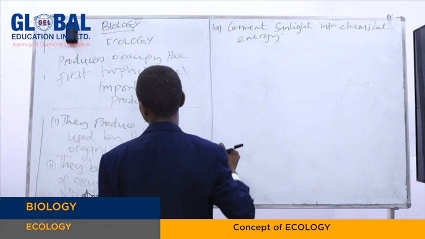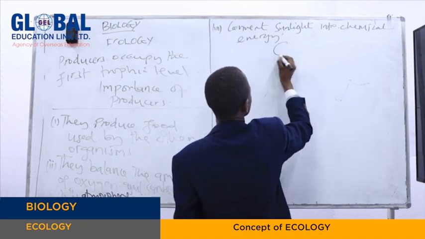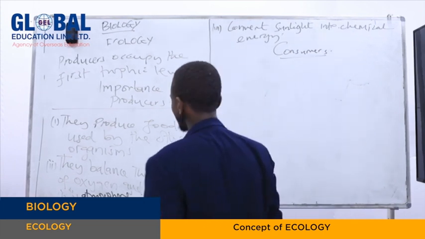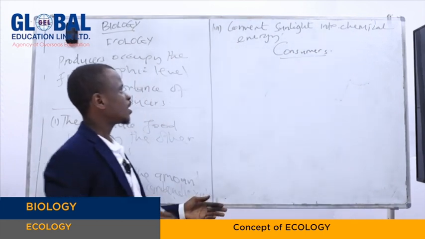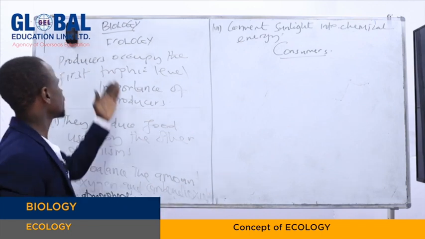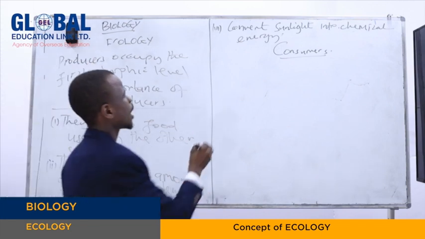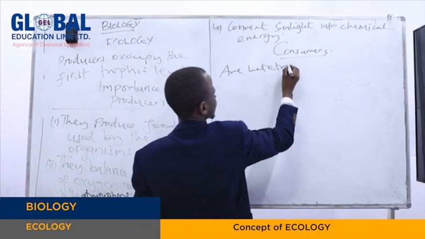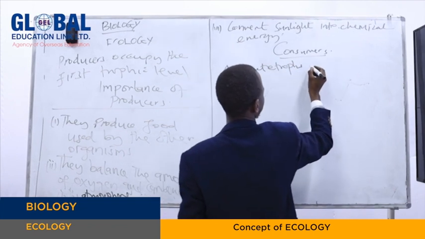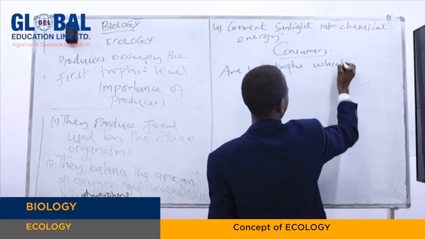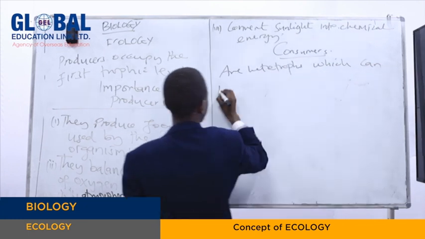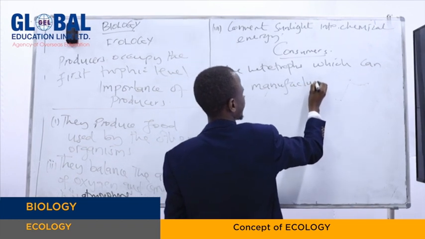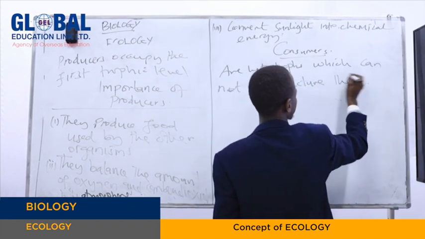Now student, the second biotic component is consumers. Consumers are animals that feed on producers, therefore they are heterotrophs. They cannot manufacture their own food.